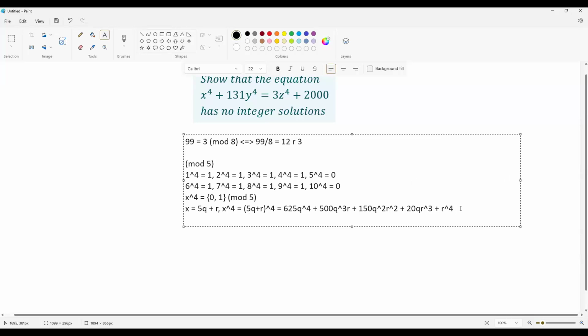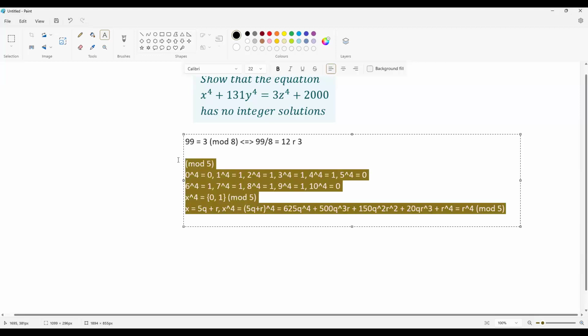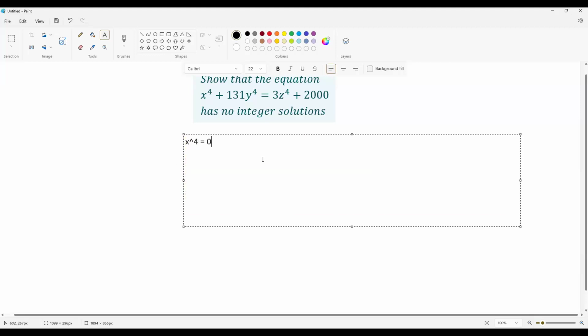And we can see this is just congruent to r to the fourth, because these are all congruent to 0. And r is the remainder, right, which is 0, 1, 2, 3, or 4. And that has to be 0 or 1. So that is our newfound information.